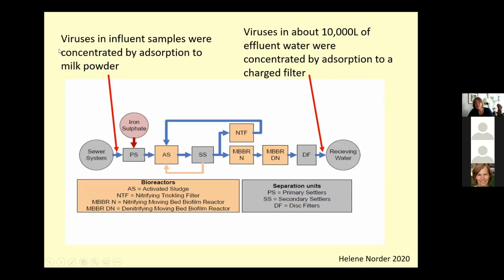We concentrated the incoming wastewater by absorption of the viruses into milk powder. But for the effluent, since it was really purified, we connected a charge filter and let 10,000 liters of treated wastewater pass through the filter during 24 hours, 8 liters per minute. Then we eluted the viruses from the filter.